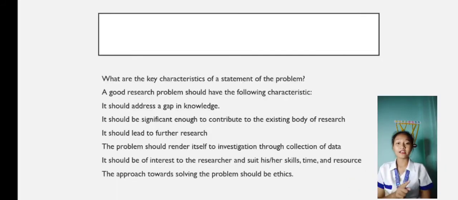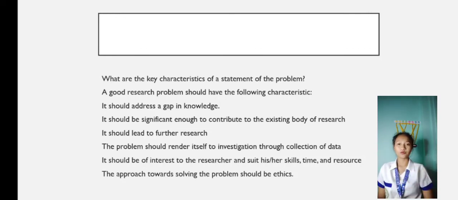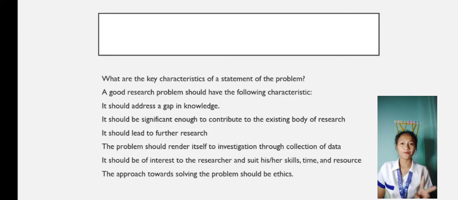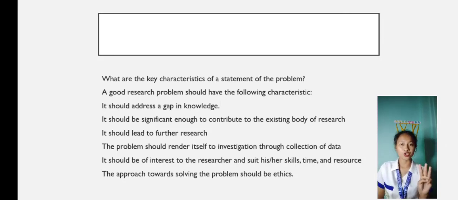What are the key characteristics of a statement of the problem? A good research problem should have the following characteristics. So here we go. Number 1, it should address a gap in knowledge. Number 2, it should be significant enough to contribute to the existing body of research. Number 3, it should lead to further research.